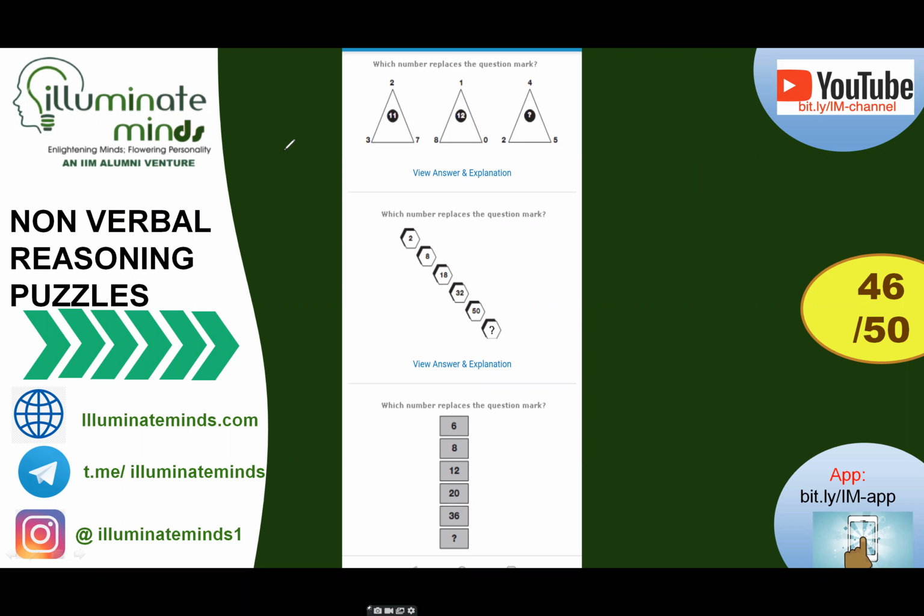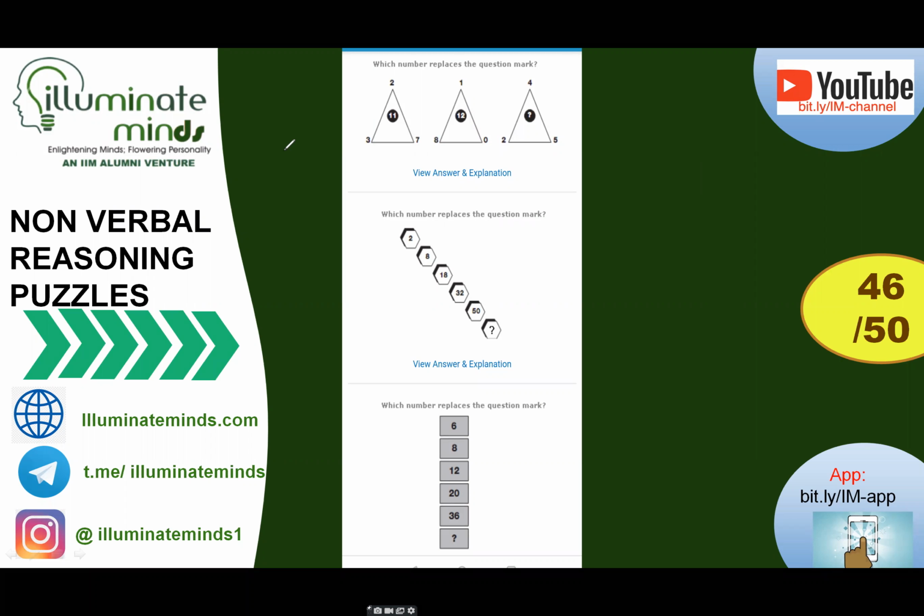So let's do the next one. Question number 2. This is also to be very careful. 1 square is 1, 2 square is 4, 3 square is 9, 4 square is 16, 5 square is 25, 6 square is 36.